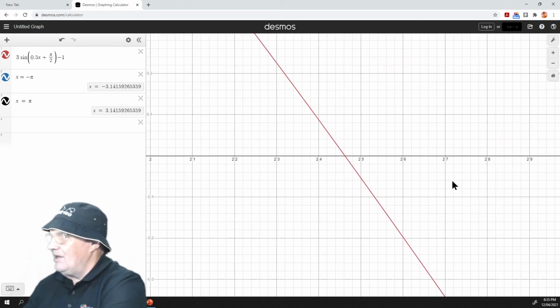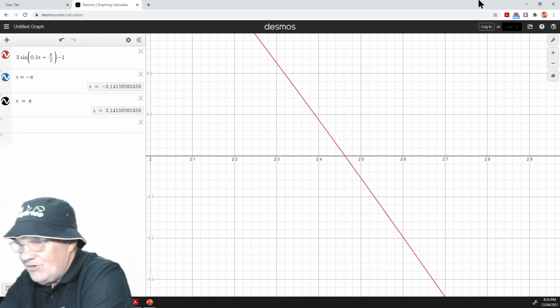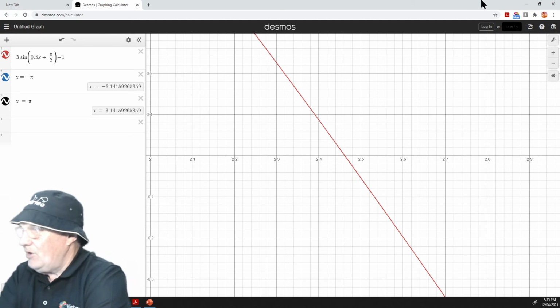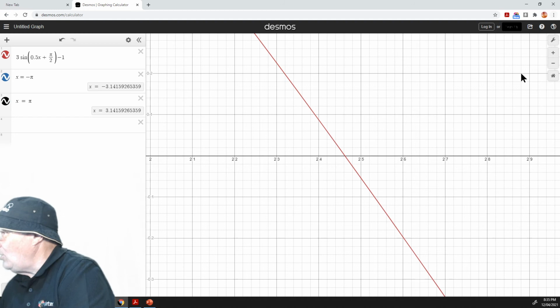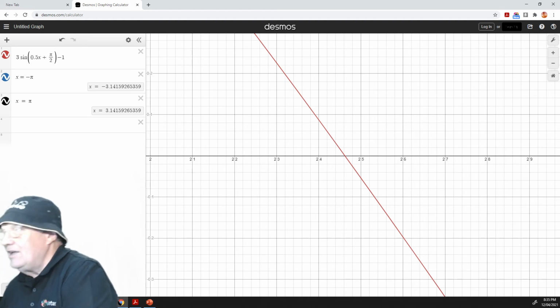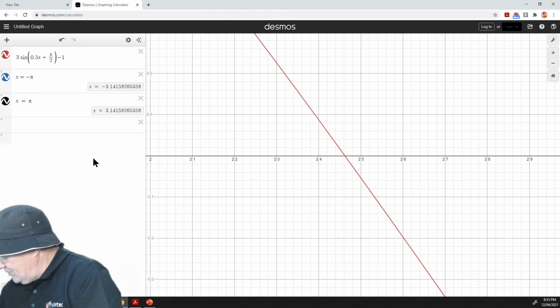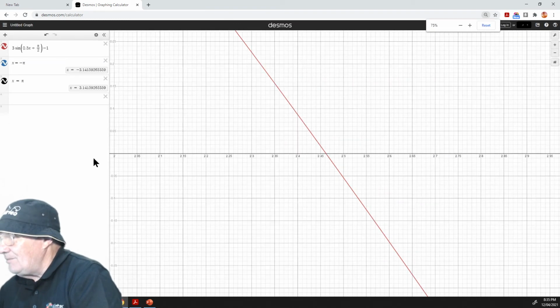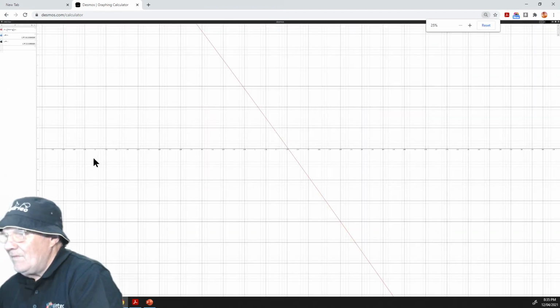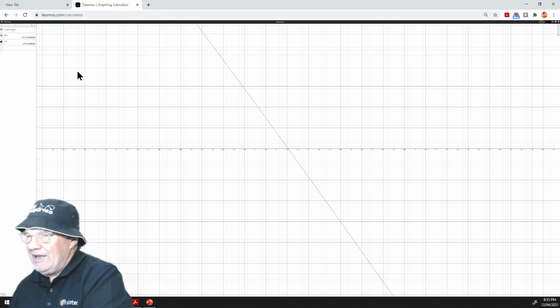Minus 2.46 again. And so we can see here with the help of the curve that, yeah, we're pretty right, and get a bit of an understanding as to how it all works.